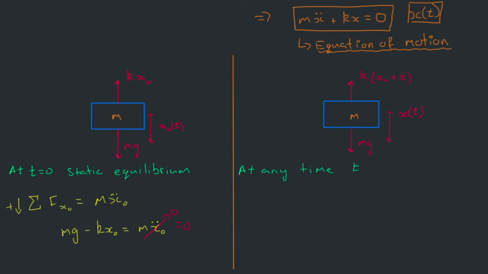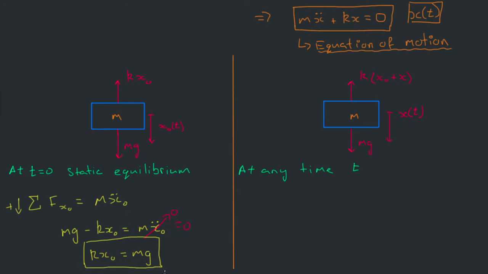So when I rearrange this equation, all we have left is that k x0 is equal to mg. I just bring this around the other side and flip it. So what we have now is the force acting upwards on the mass, k x0, is equal to the force acting downwards on the spring, which is mg.